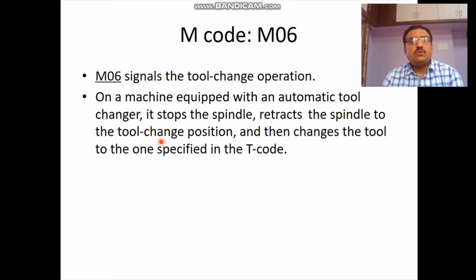Then to change the tool, if you give the command M06 and the tool number, the spindle will stop and go to the home position, the ATC will remove the tool and put it in the magazine, remove another tool and fix it on the spindle, and the spindle comes again to the working position. All these actions are automatically controlled with only one code, or one command, that is M06.